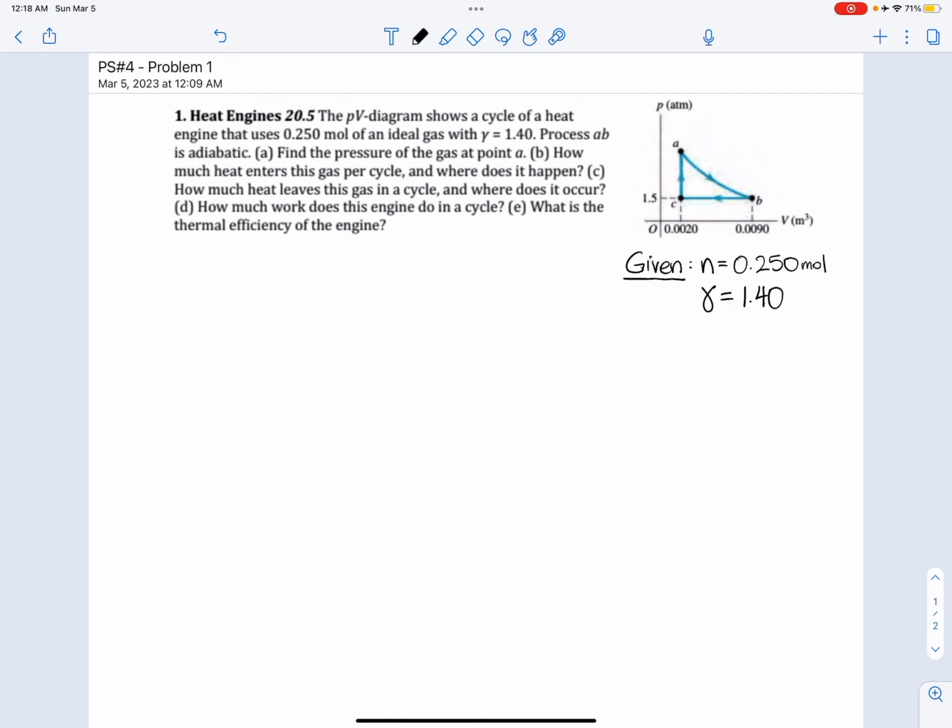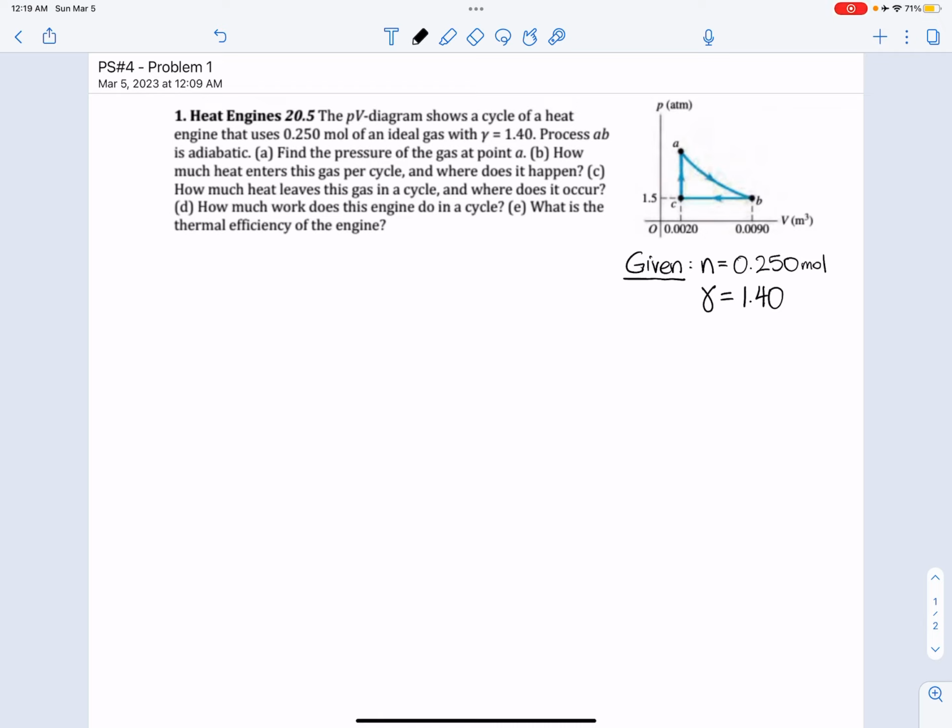There's another thing this tells us, right? Gamma, the ratio of molar heat capacity, has values that differ depending on what type of gas it is, whether it's a monatomic gas, a diatomic gas, or a polyatomic gas.